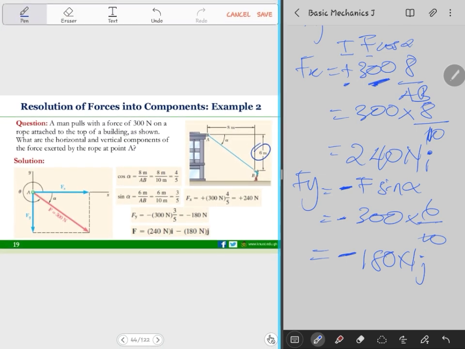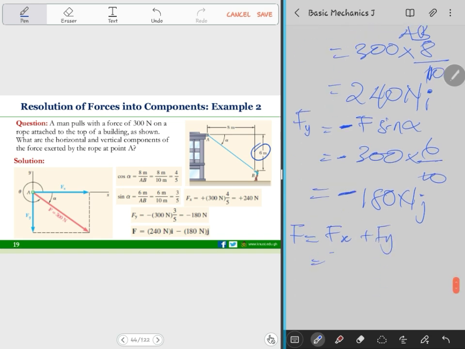So finally, if you want to find the force, this is what will happen. F is equal to Fx plus Fy. It's the same thing even if you change it; Fy plus Fx is the same thing.